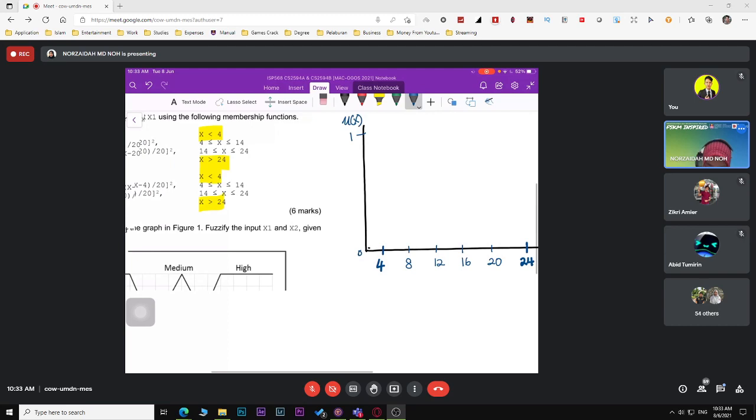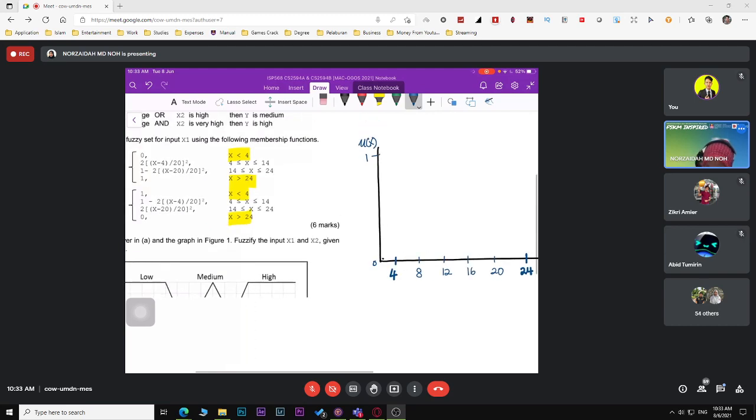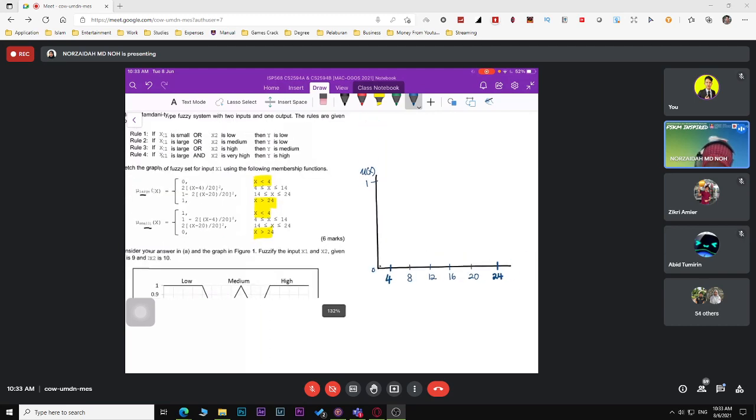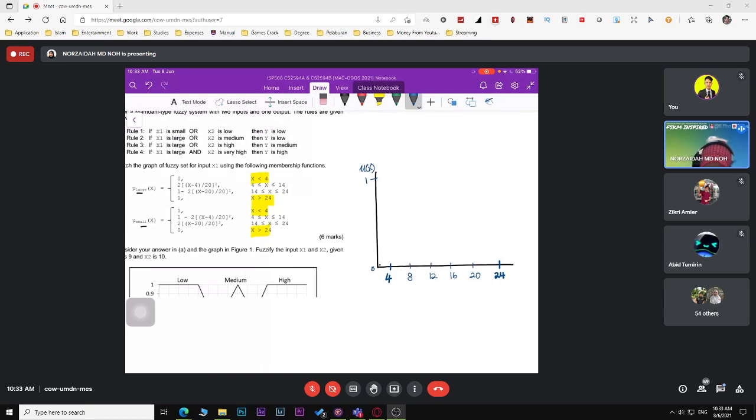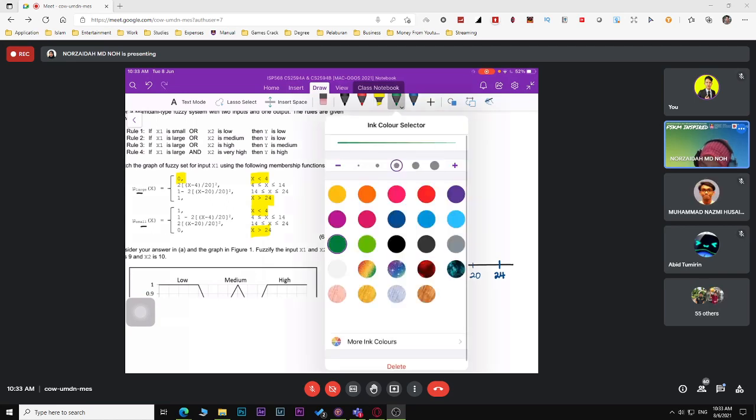So let's look at the function again. Okay. We start with large. If you look at the function, for less than 4, the value is 0. So for large, let's say I use the color green.